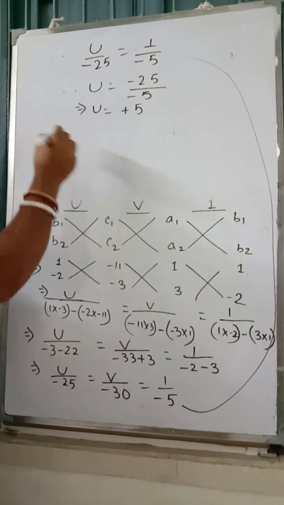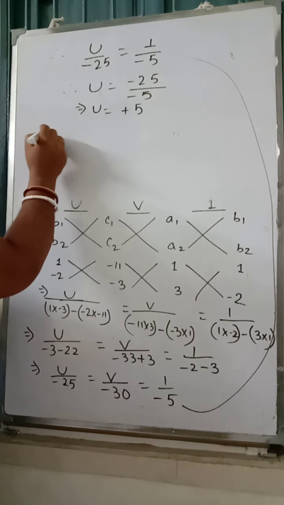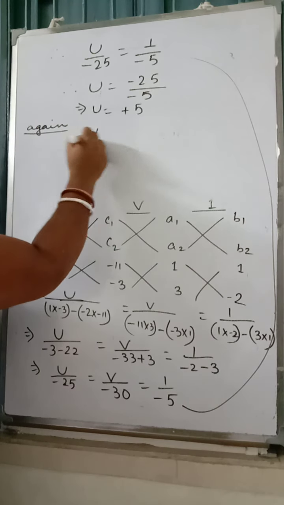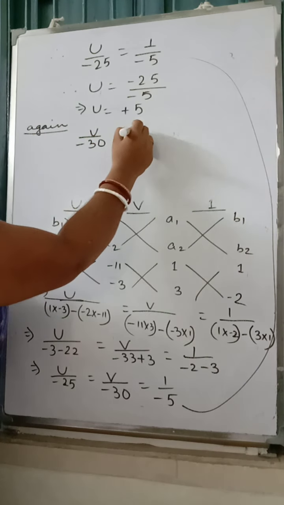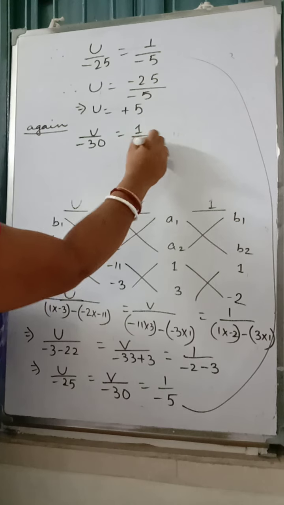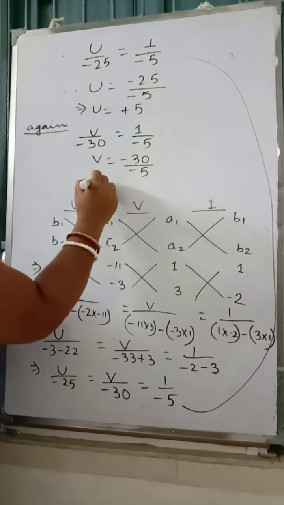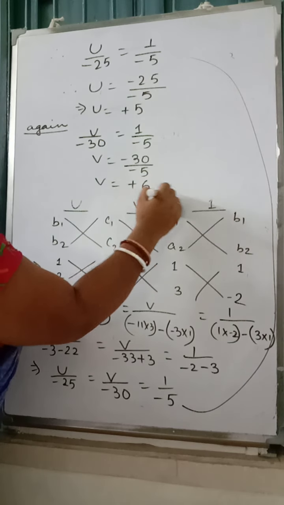Then next again, v by minus 30 is equal to 1 by minus 5, or v is equal to minus 30 by minus 5, or v is equal to plus 6.